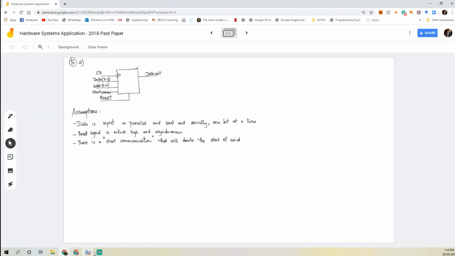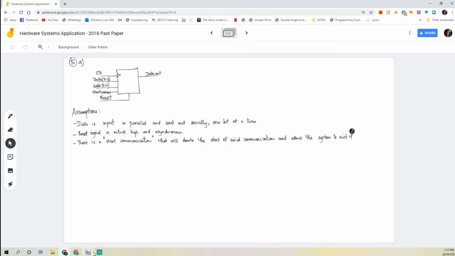Okay, so it denotes the start of serial communication and allows the system to exit the waiting state.